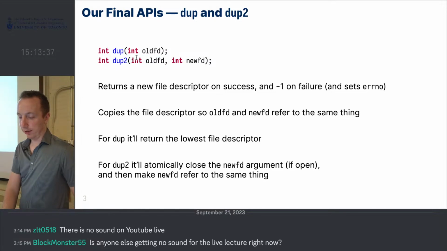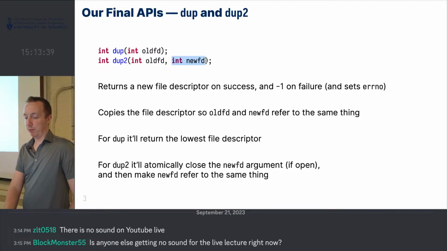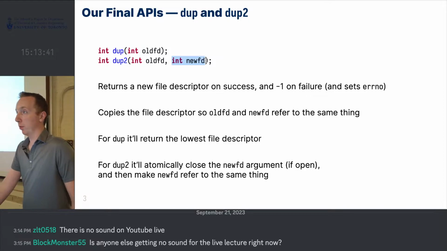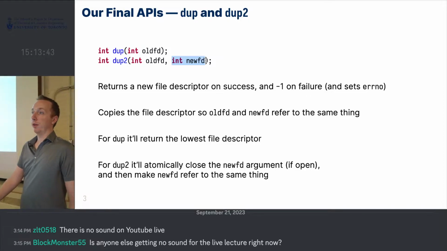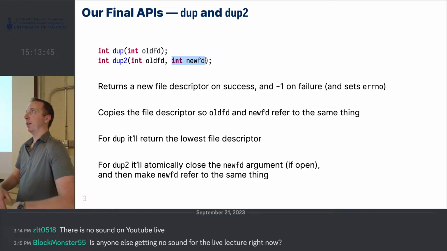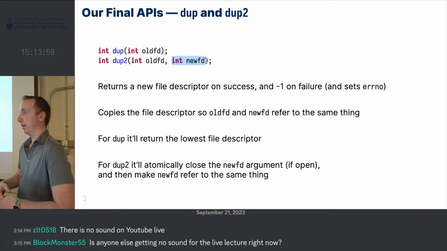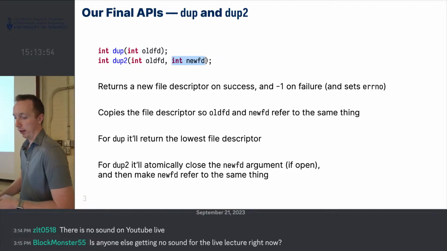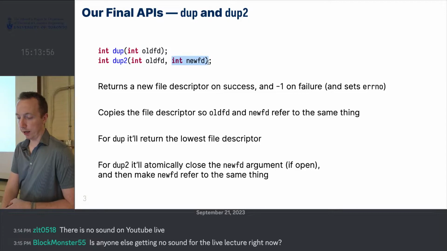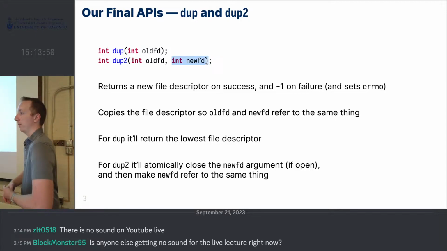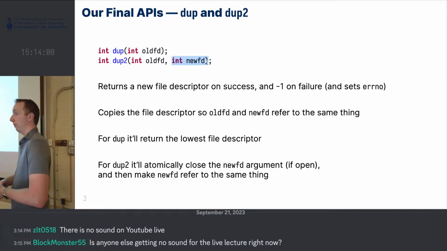dup2 does the same thing, except it lets you pick what file descriptor you want to replace. So if I have file descriptor 5 or something like that, and I also want file descriptor 0 to point to the same thing, I could give 0 as this argument, and this function will go ahead and do some fun stuff for us.